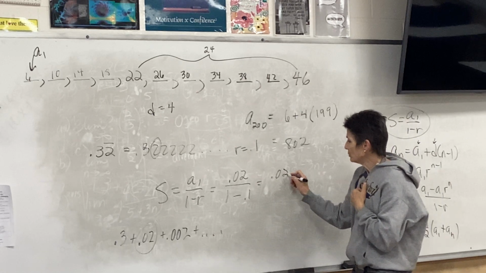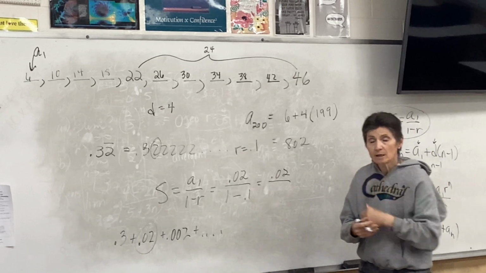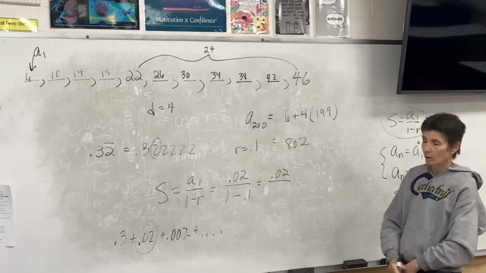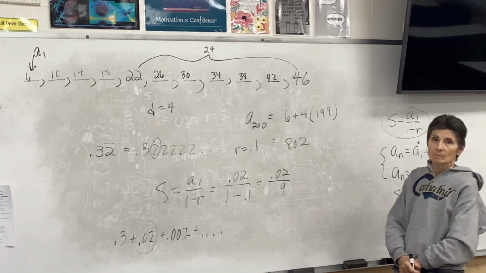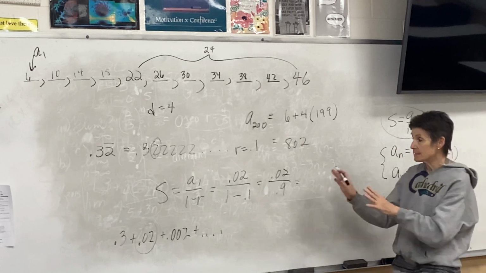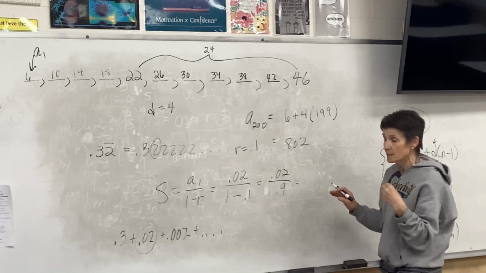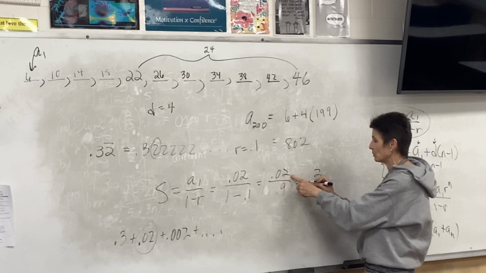So 0.02 over, what is 1 minus 0.1? Well, 1 minus 0.1 is 0.9. Now, I need to make that a fraction, which it is a fraction, but I gotta get rid of the decimals. So I'm gonna move this decimal 2 places to give me a plain 2.